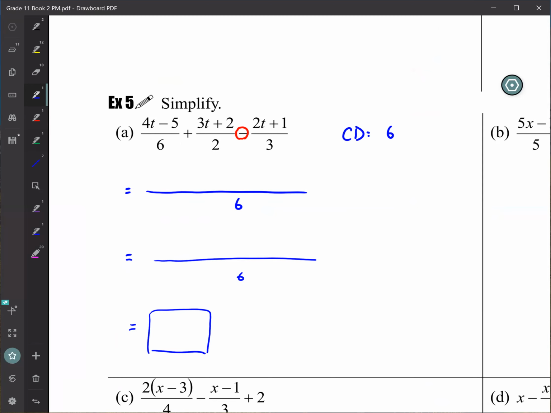So Angela, can you tell me what to put in the numerator, the first line? Angela?